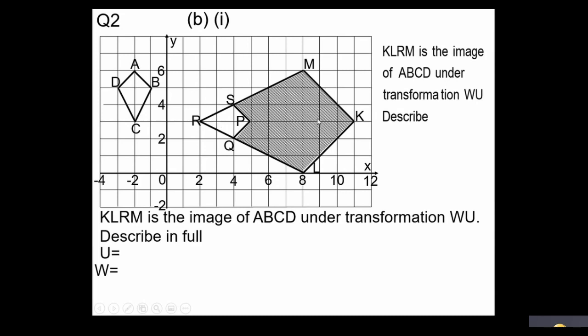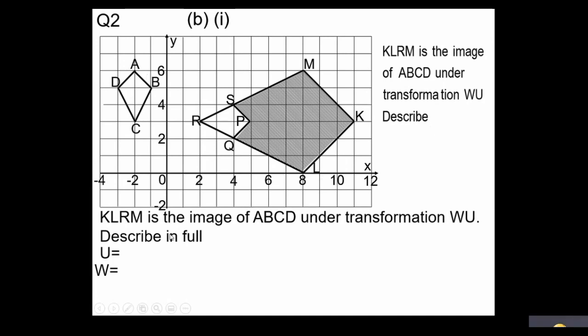The change to the bigger one is quite easy, it must be enlargement. And this one to here must be rotation. You assume this shape is rotated 90 degrees, and you will get something like this. This cannot be reflection and also cannot be translation, because in translation the shape must be the same.